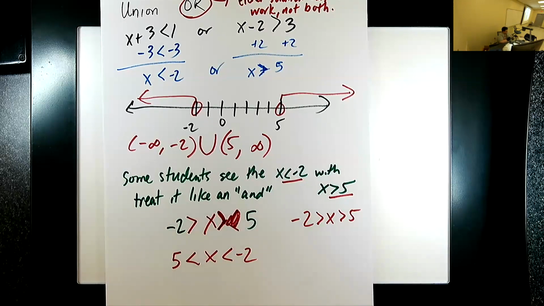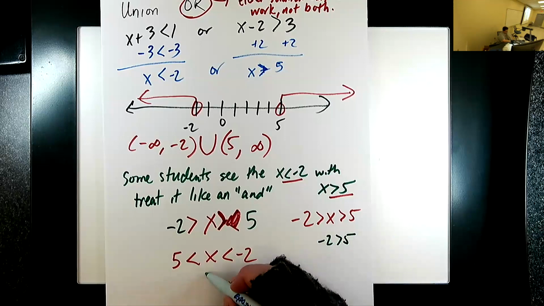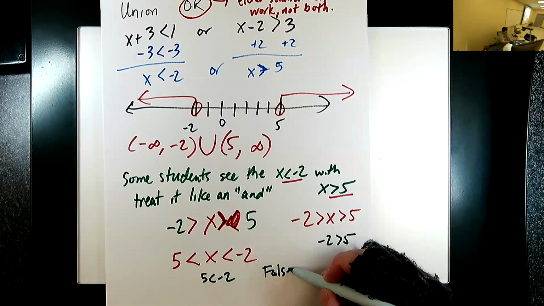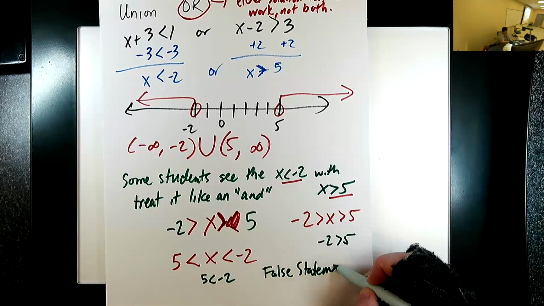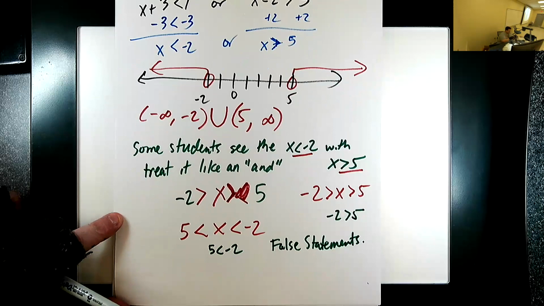Either way, if you remove the x, this becomes -2 is greater than 5. This becomes 5 is less than -2. This is false. False statements. The "or" does not combine like this.